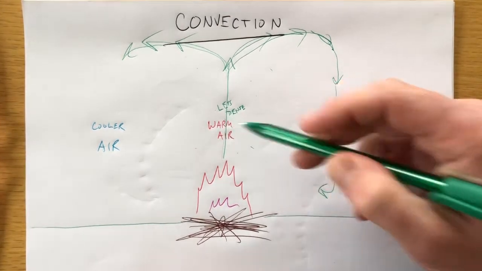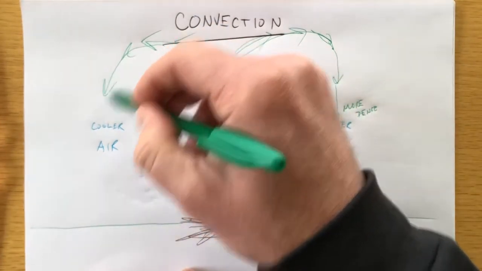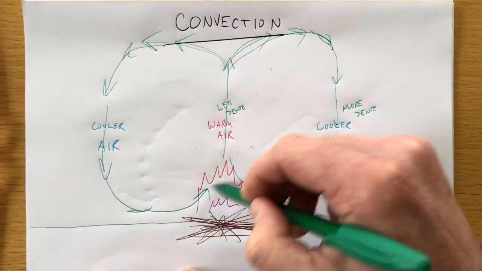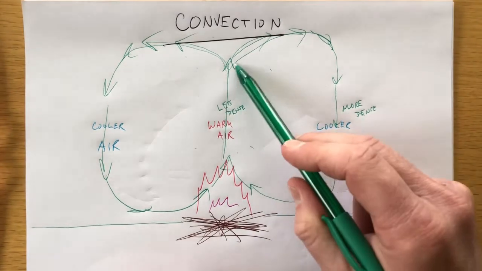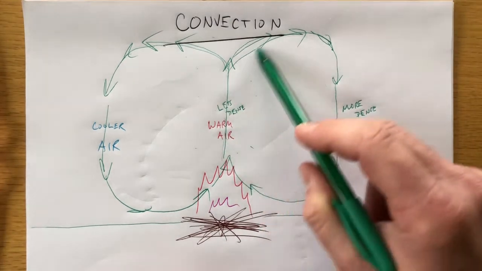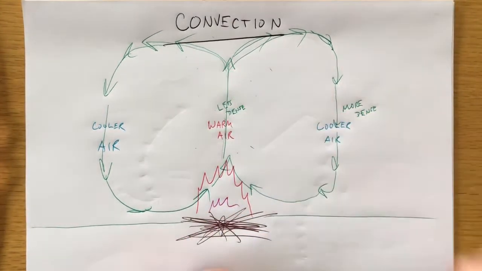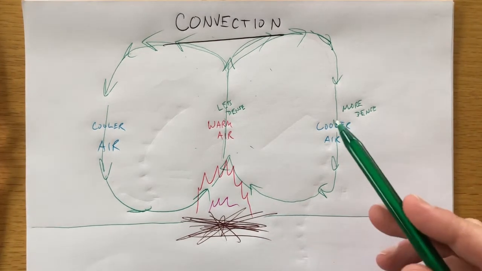And as this air rises, it pulls in air from the sides, heats it up, and makes it rise. And so what you end up with then are called convection currents, where the warm, less dense air rises and the cool, more dense air sinks. Now, this happens anytime you have heating taking place in a fluid. So this is in a liquid or a gas.